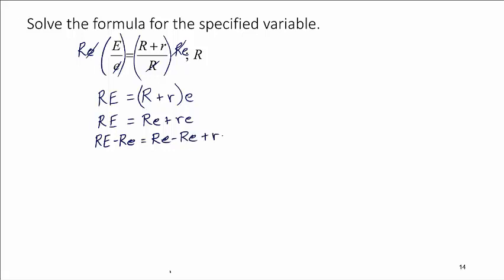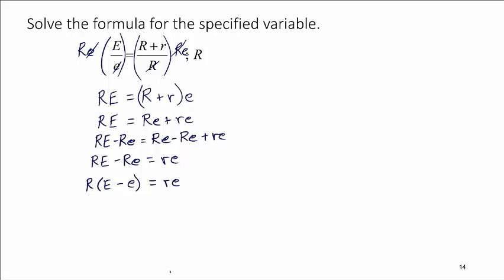Okay, so I have big R big E minus big R little e equal to little r little e. Now on the left-hand side, both of those terms have the big R that we're looking for. Factor it out. So we're going to have big R times big E minus little e equal to little r little e.